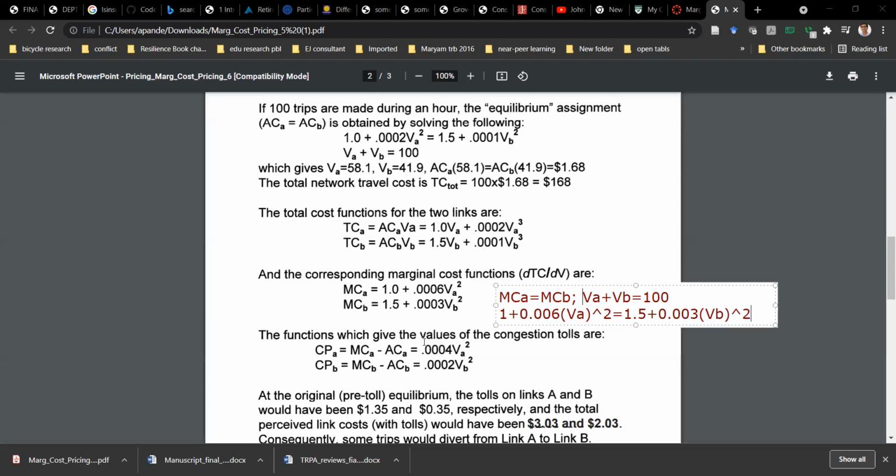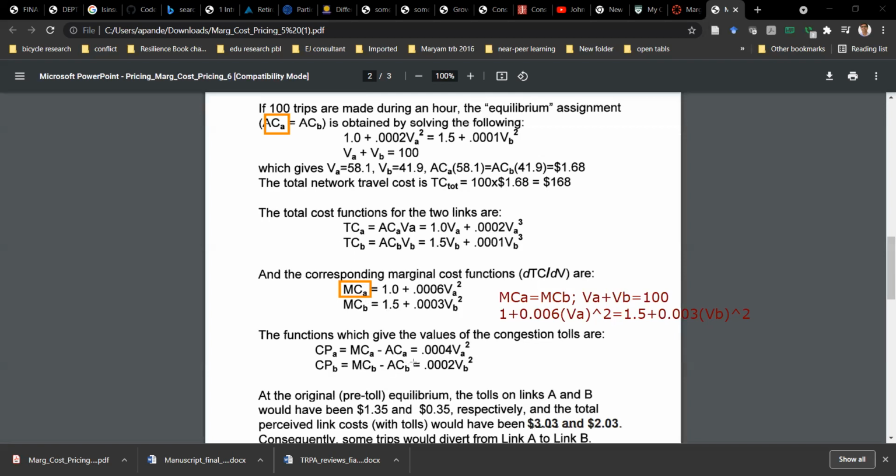You see where I'm getting this from? I'm subtracting the original average cost equation, the ACA equation that was given to me, from the newly derived MCA equation.